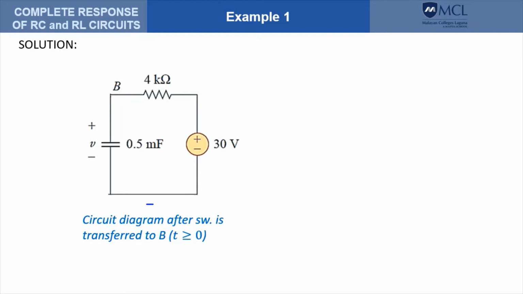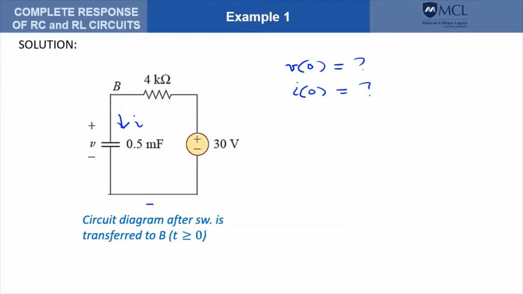So the question now is, what is the voltage of the capacitor at t equals 0 and the current, let's say this is the current here. So we try to get the current that is in that direction. What is the current also at t equals 0?